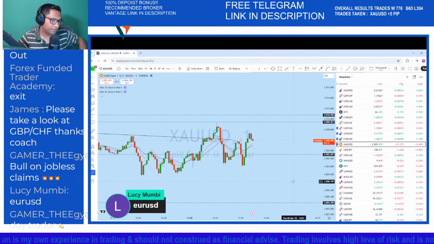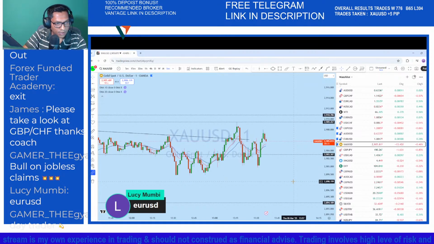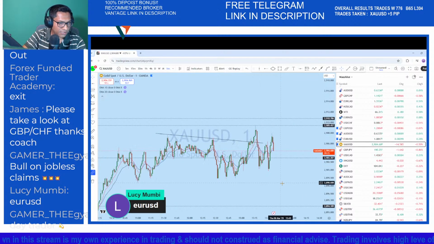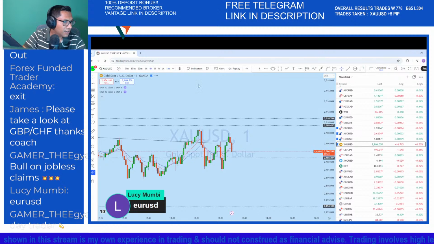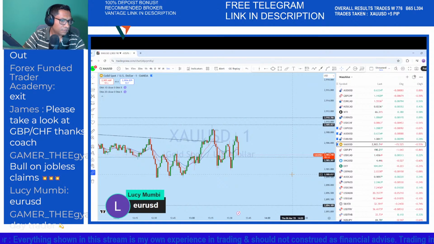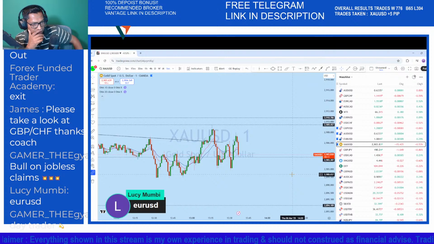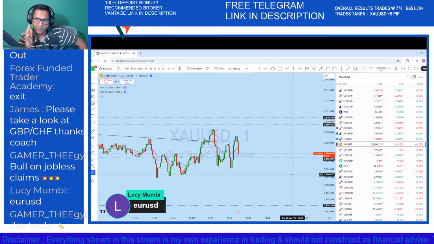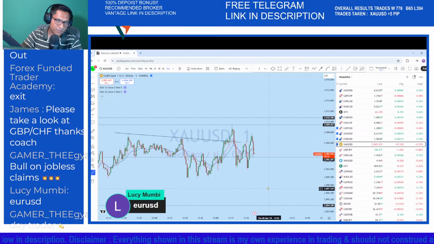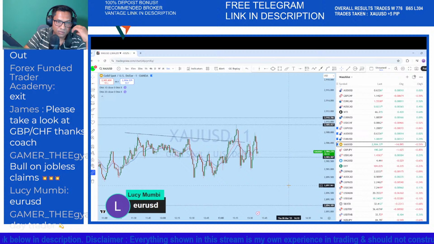Now for us to enter, okay, you can see that drop. With the news, the market is still not trending as expected, because to enter this kind of trade we need to see an aggressive trend in the market, and that's what we're waiting for.